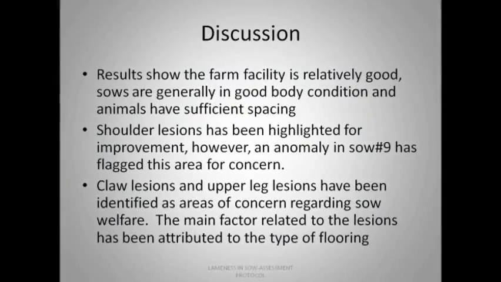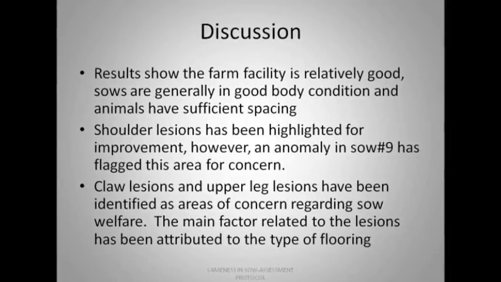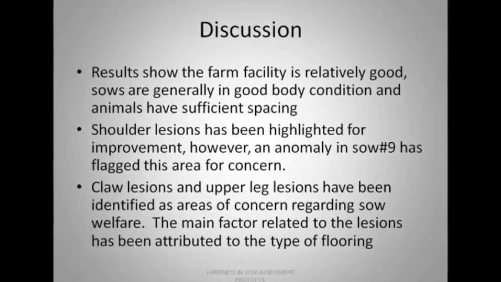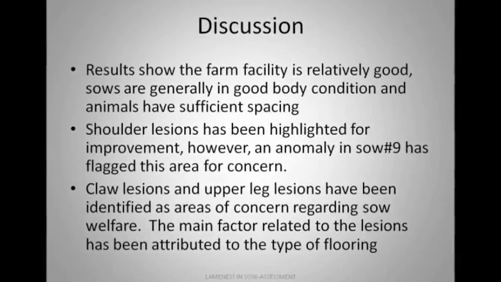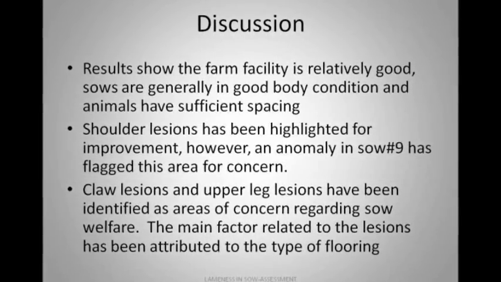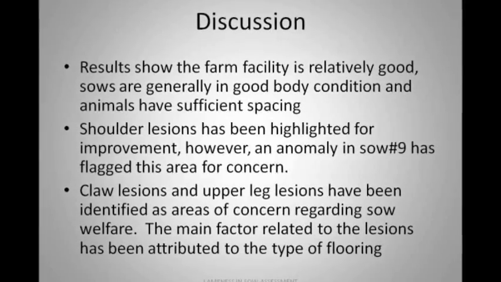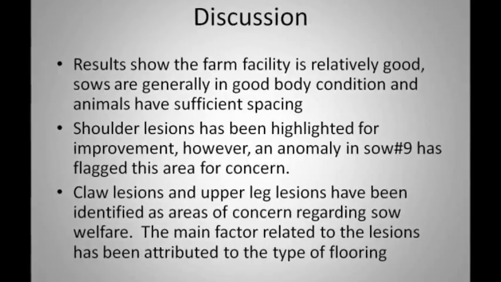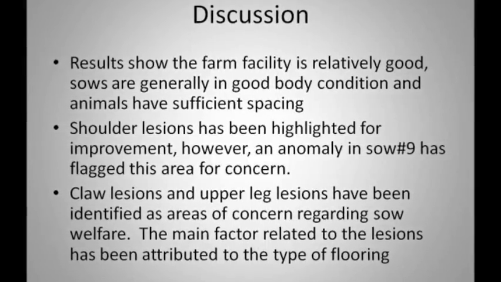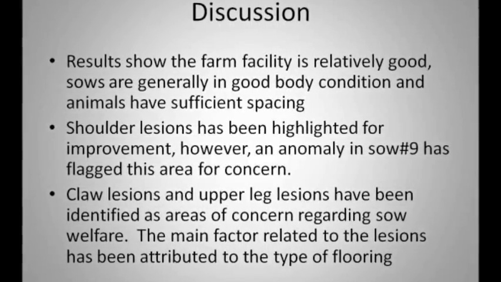From the results we can see that the animals had sufficient space, they were in mostly good body condition, and the facility was relatively safe and good. Next, shoulder lesions had been highlighted for improvement. However, for sow number 9, there was a high score, and this flagged an area of concern.